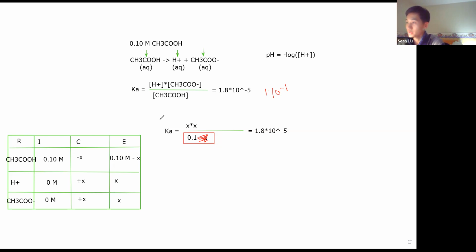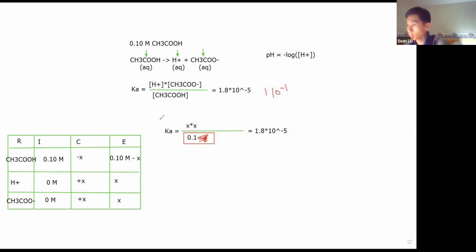So when you account for the minus x with an acid of 10 to the negative 1, you get 6.2 times 10 to the negative 2. But if you don't account for the minus x at the denominator, you get 0.1. Now that's going to be a much larger error.